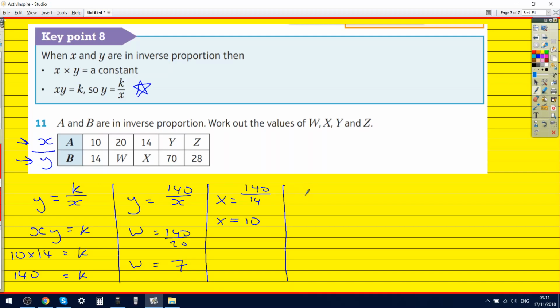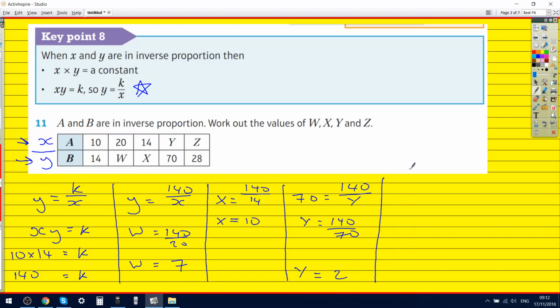So I do 70 equals 140 over y, sorry. Yeah, so just confusingly they called it capital Y. Do I need to swap the y and the 70 around? Yeah. So it's 140 over 70. And I think that's 2.